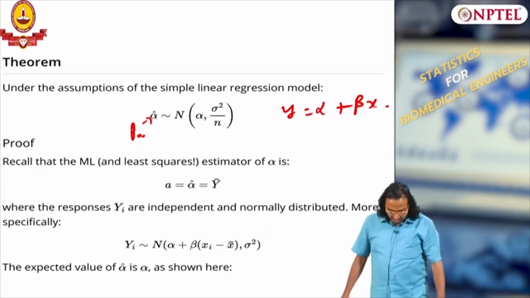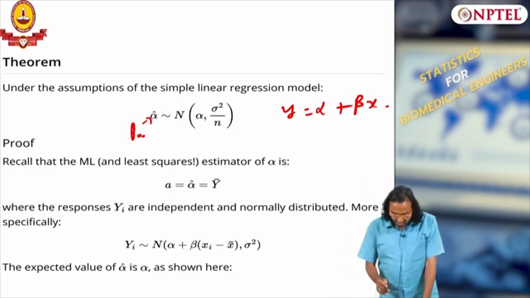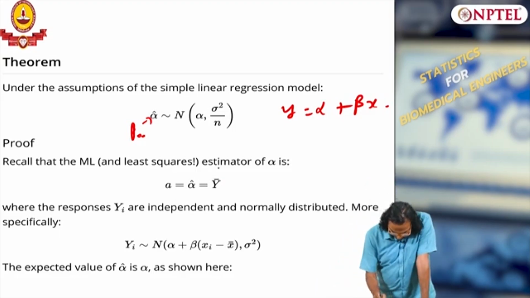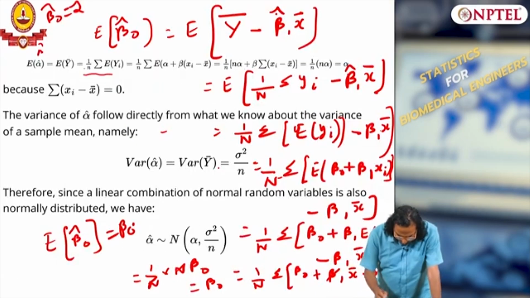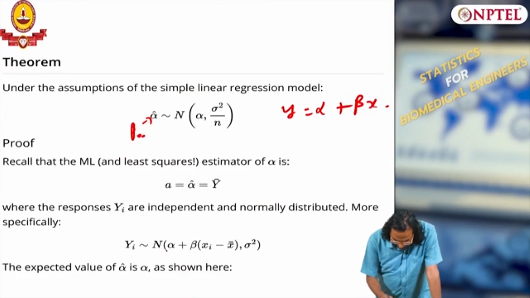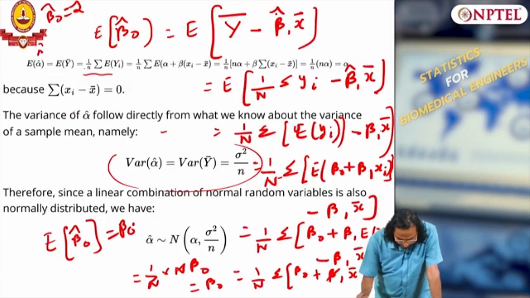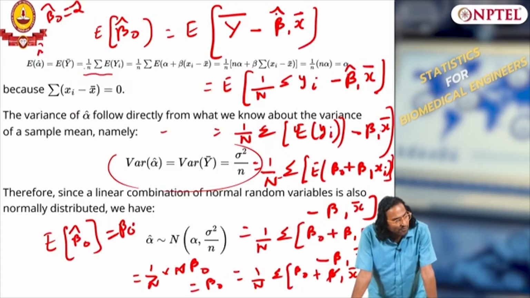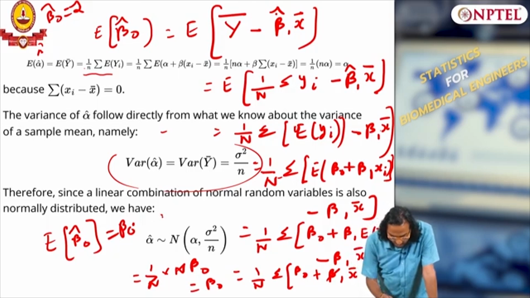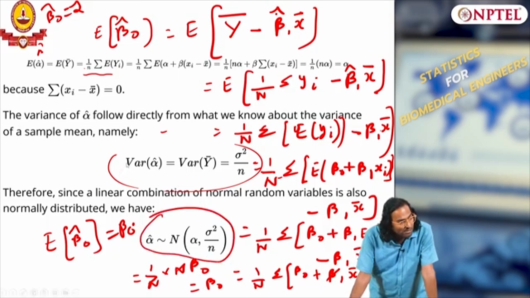So the variance of alpha hat is also known, and the expectation of alpha hat is known. The expectation of alpha hat equals alpha, and the variance of alpha hat equals sigma squared over n. So alpha hat follows a normal distribution with mean alpha and variance sigma squared over n.